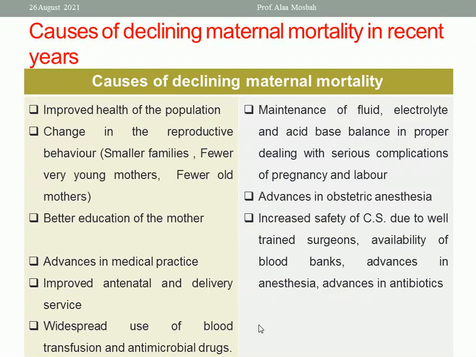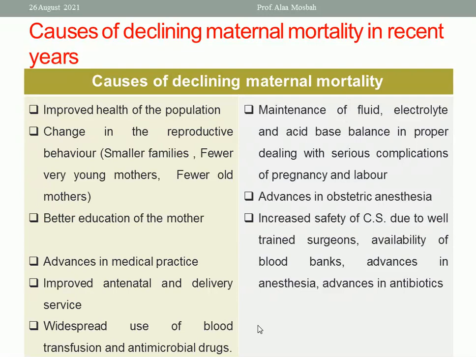So this is important. Also, fewer older mothers, better education of the mother, advances in medical practice, improved antenatal care and intranatal care and the delivery services, widespread use of blood transfusion, and broad-spectrum antibiotic availability.